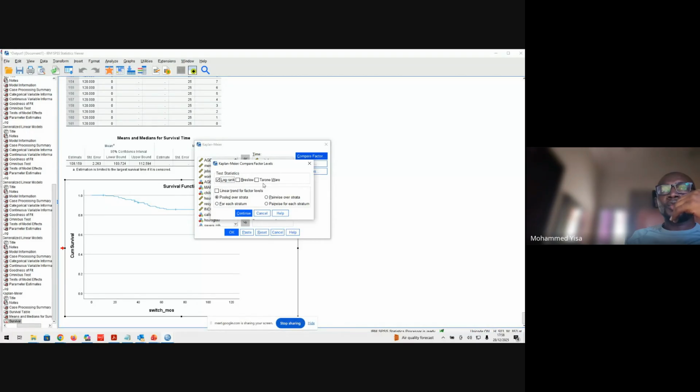And for the other two tests, it actually recalculates the probability based on the number of participants that are still remaining within the data set.